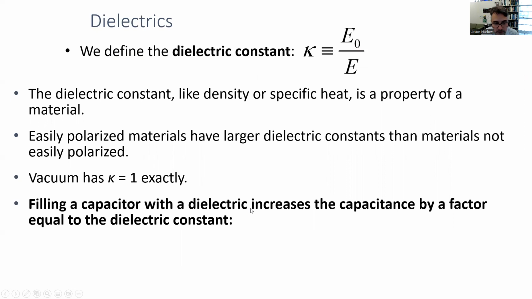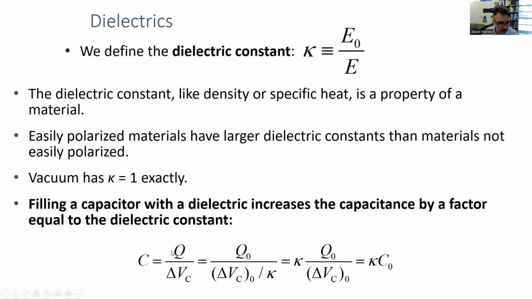Filling a capacitor with a dielectric turns out to increase the capacitance by a factor kappa. So this C, which is Q over delta V, is going to be Q over delta V divided by kappa. The kappa comes up on top. So the capacitance turns out to be kappa times the vacuum capacitance. So that's what it does.